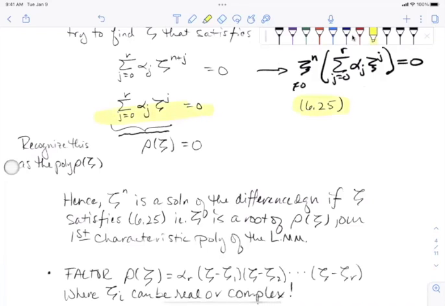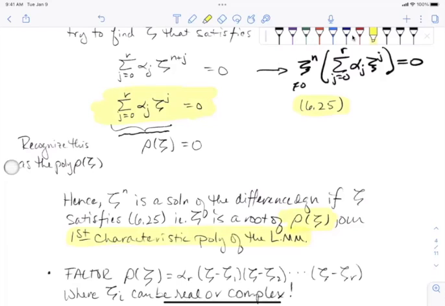That is this guy where that summation is set equal to 0. So in other words, zeta to the n is a solution of the difference equation if my zeta is a root of my rho of zeta, which is my characteristic polynomial for that corresponding linear multistep method.